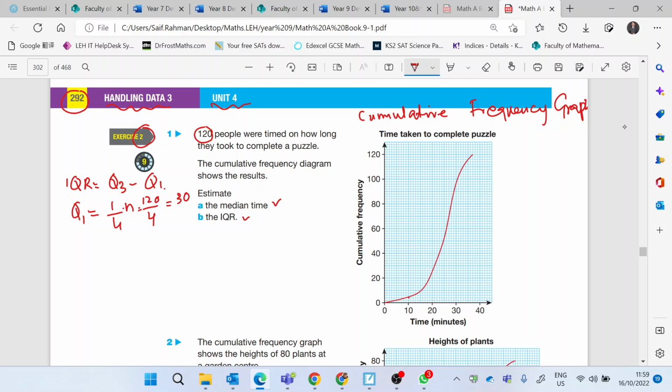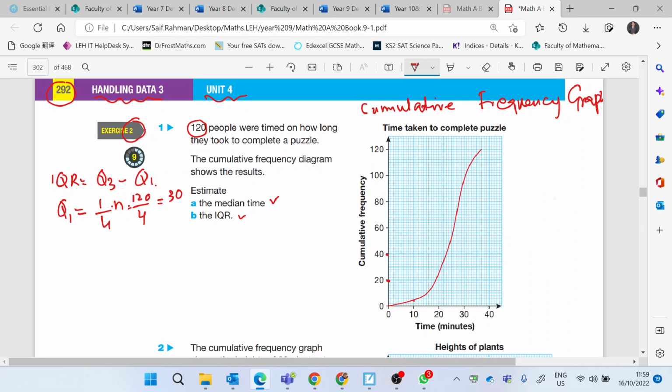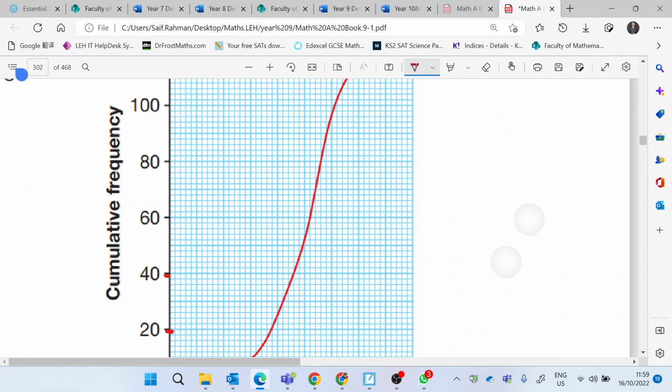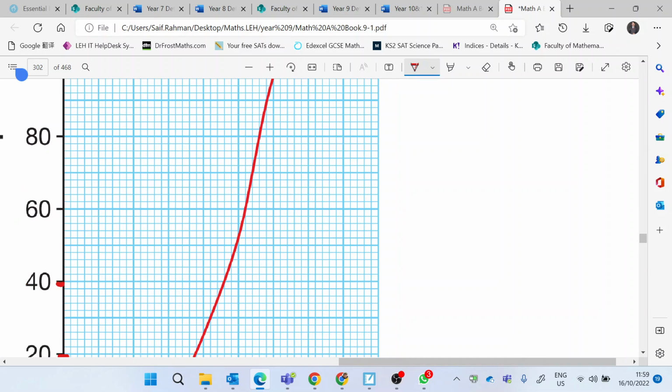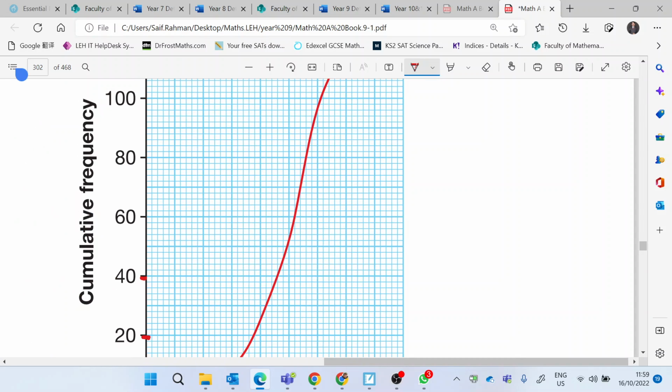This is 20 here, and this is 40 here. Let me zoom out so that we can see it better. So 1, 2, 3, 4, 5. Here at this line it is 30.